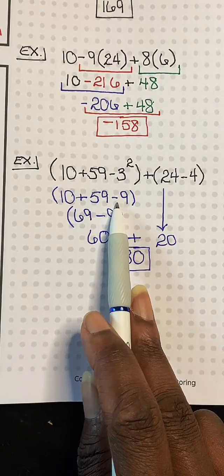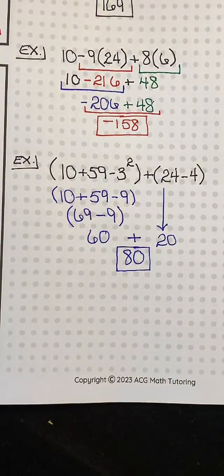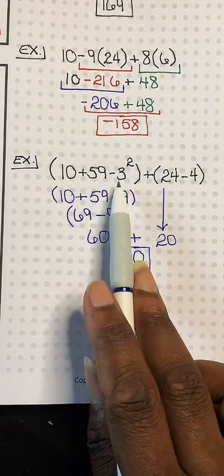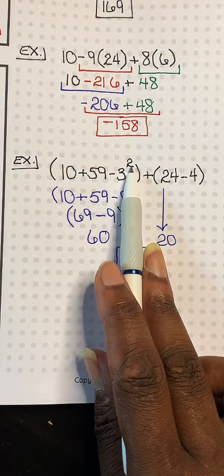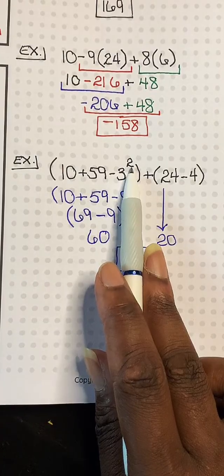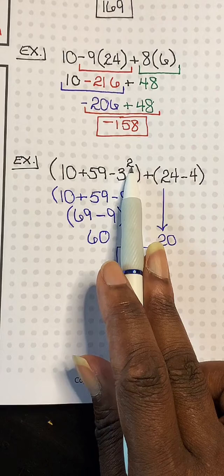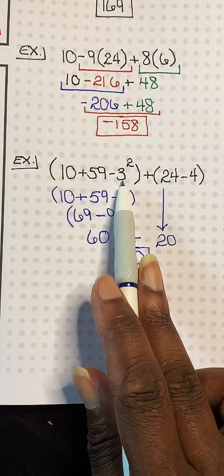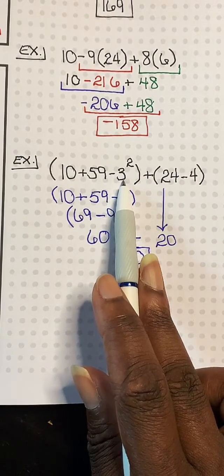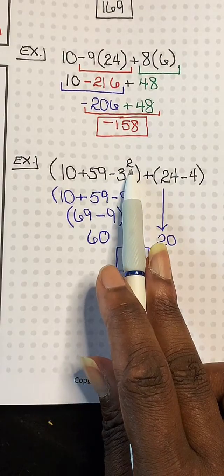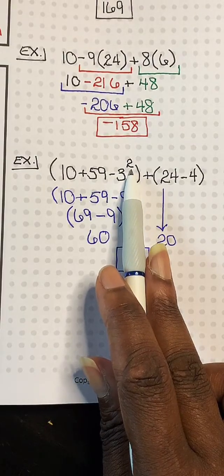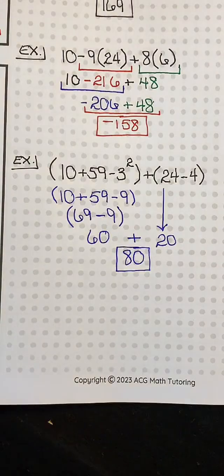It's going to be a negative 9. All right. So 3 squared. 3 squared is 3 times 3. This is the base. That's the exponent. The exponent is telling you how many times you're multiplying this base to itself. So we're multiplying it 2 times. 3 times 3 gives me 9.